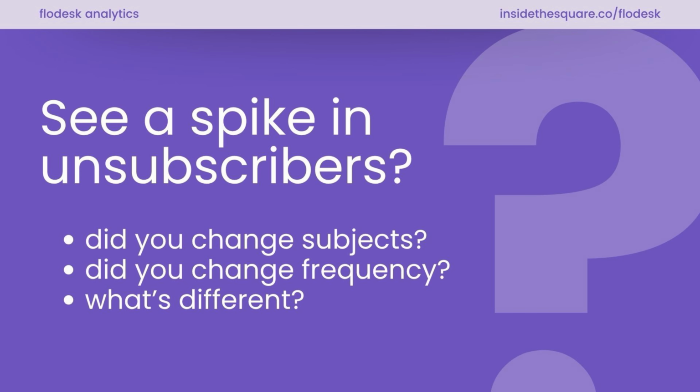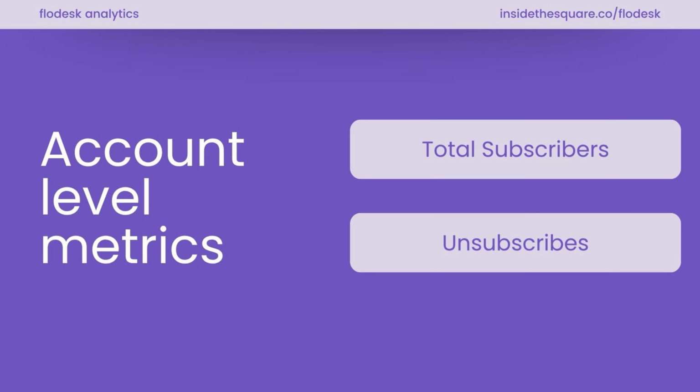Now, if you check this out week over week and you see a sudden spike, that's your cue to review what emails you sent. Maybe they weren't relevant to everyone, or maybe your sending frequency changed. See what's different and see if you can improve that number over the next week. We'll talk about that a little bit more in the email metrics section of this video. But again, total subscriber count and total unsubscribes. You'll find both of these stats inside your Audience tab in Flodesk.